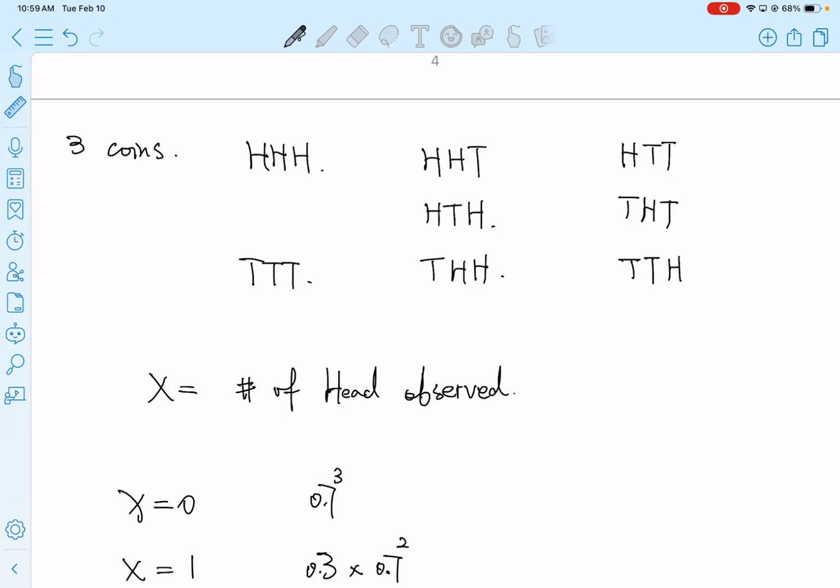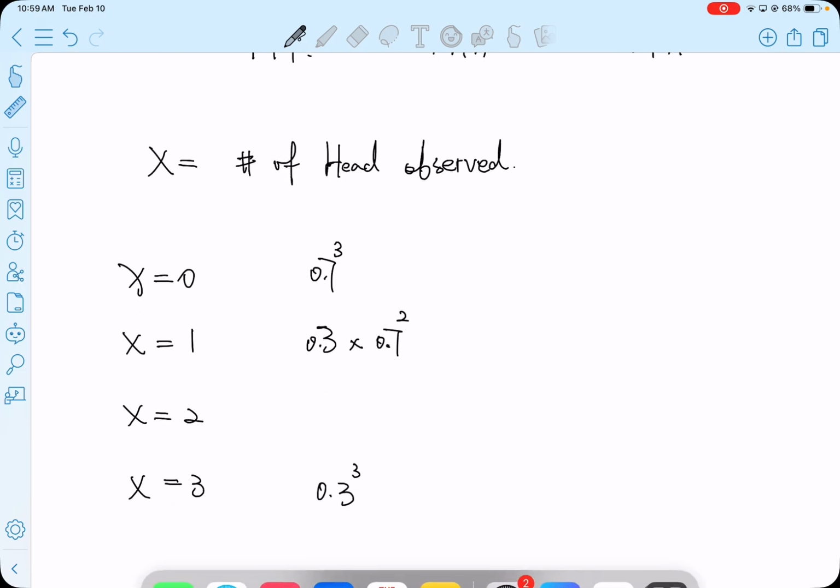So we also need to multiply by how many ways you have in your outcome in terms of the coins. In our case, for 1 head, we can see in the right column that we have 3 occasions, so we will need to multiply by 3. And that is the total probability that we can assign to the random variable X equal to 1.